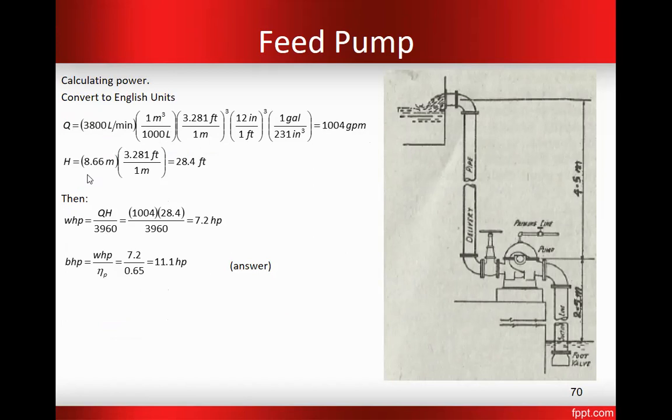So the head is 8.66 times 3.281, which is 28.4 feet. Then the water horsepower is QSH over 1060, equal to 1,004 times 28.4 over 1060, which is 7.2 horsepower. Mayroon tayong pump efficiency. So BHP is equal to water horsepower divided by pump efficiency, or 7.2 over 0.65, which is 11.1 horsepower. So yeah.